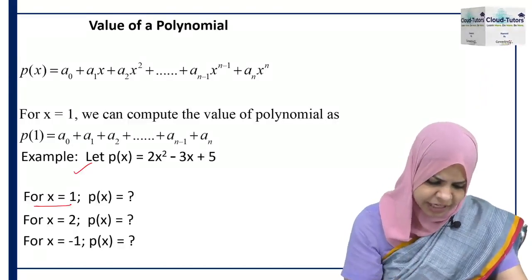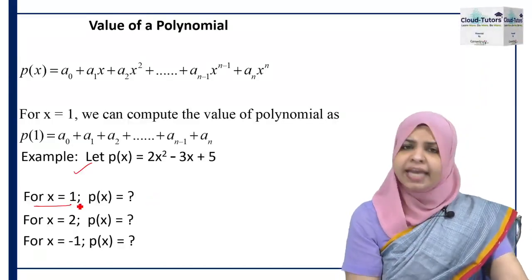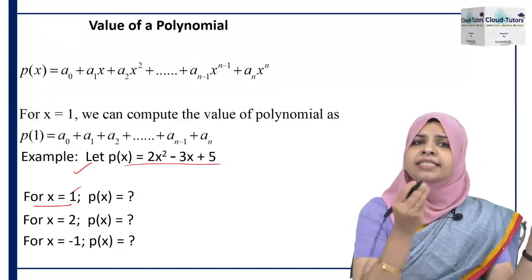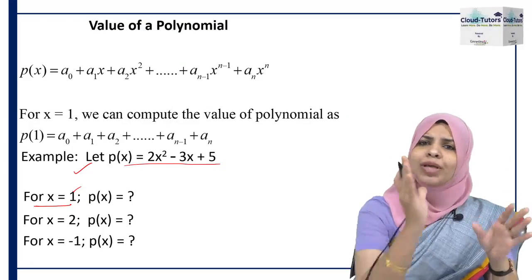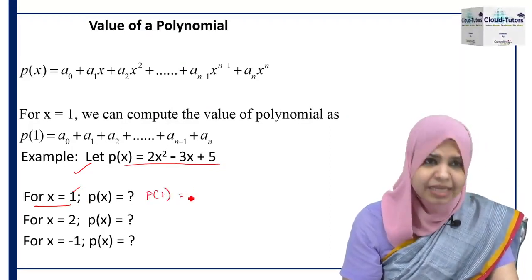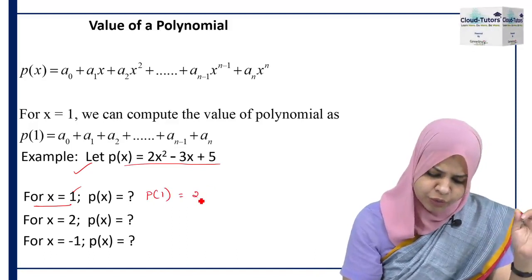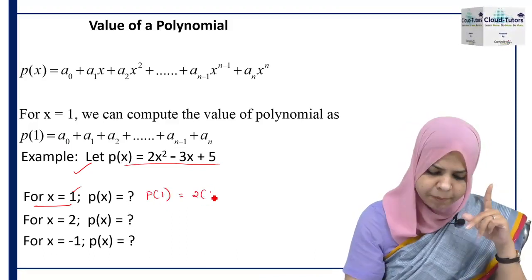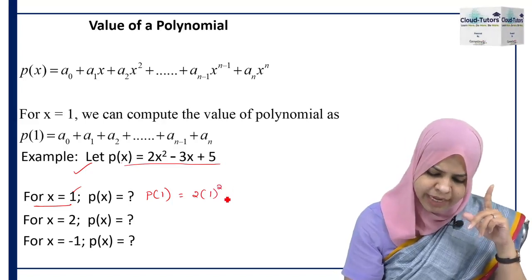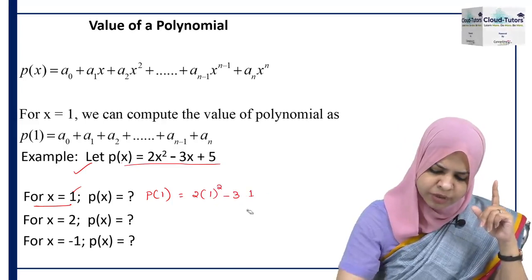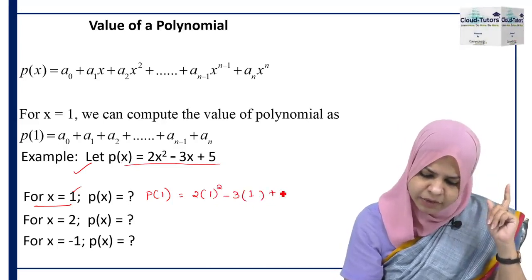Wherever x is there in this expression, I will replace it with 1. So p of 1 is equal to 2 into 1 square minus 3 into 1, plus 5.